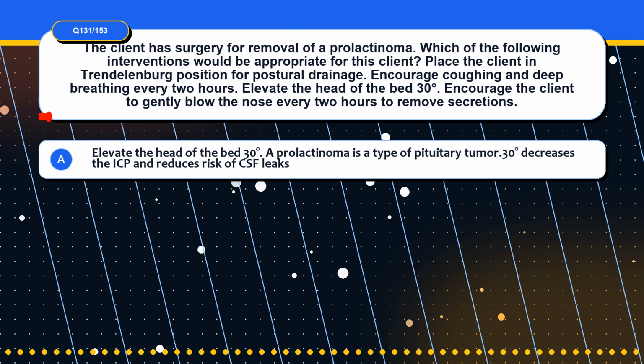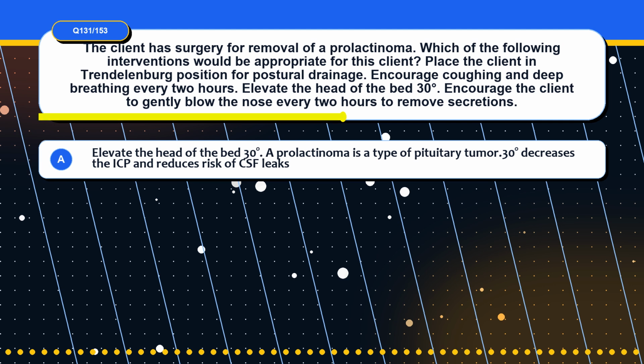Question 131. The client has surgery for removal of a prolactinoma. Which of the following interventions would be appropriate for this client? Place the client in Trendelenburg position for postural drainage. Encourage coughing and deep breathing every 2 hours. Elevate the head of the bed 30 degrees.